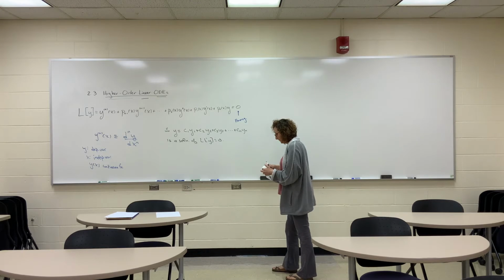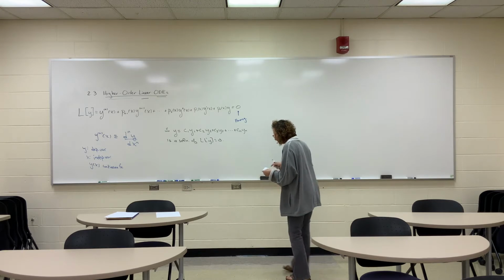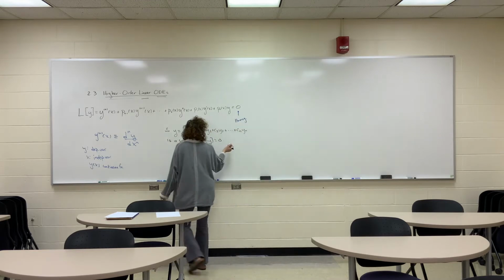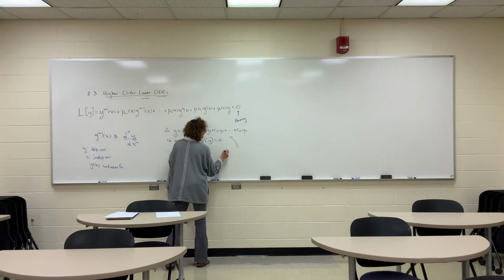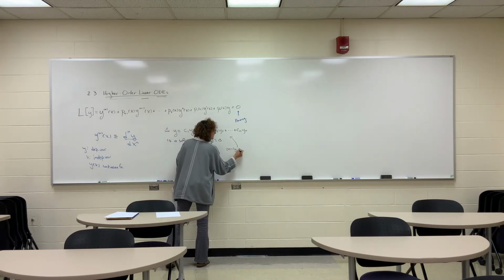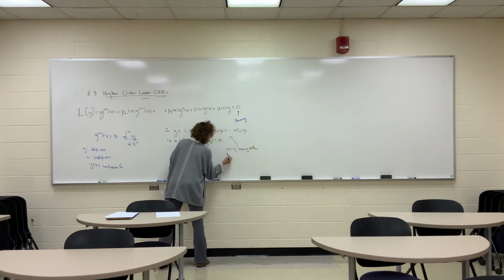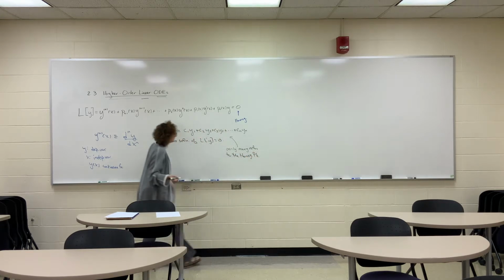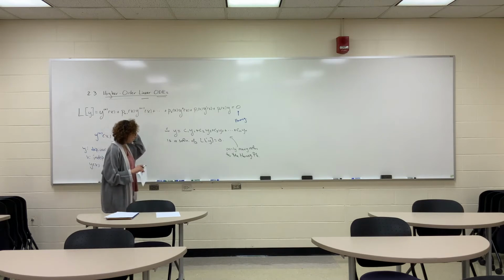Okay, so let's see, now where are we? What do we got? We've got infinitely many solutions, of course, to the homogeneous problem, because all the C's are arbitrary constants.